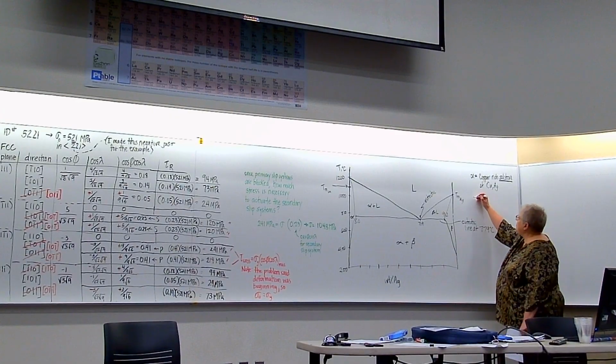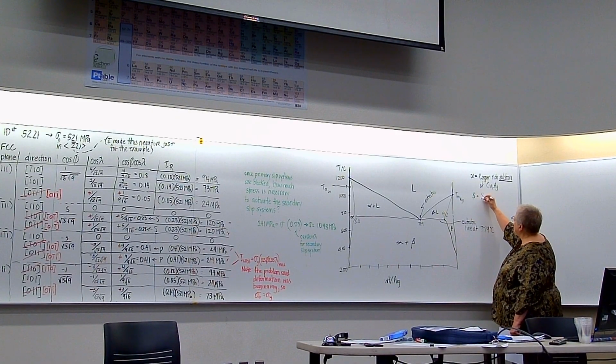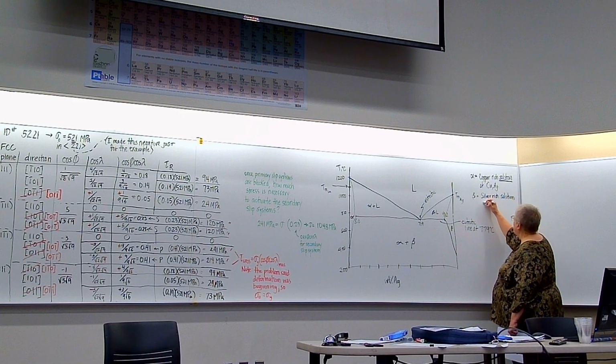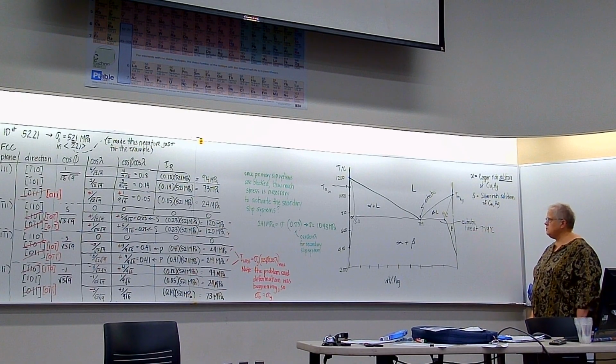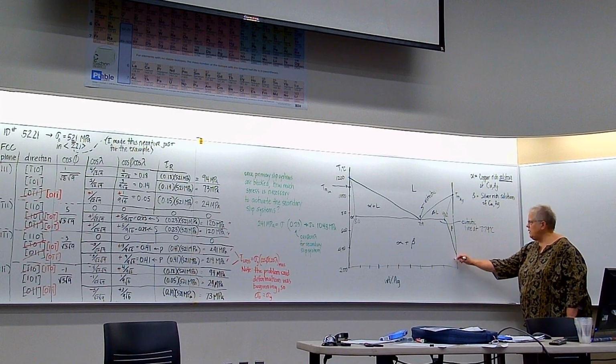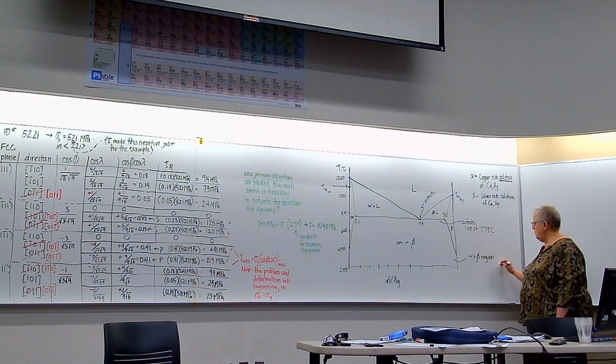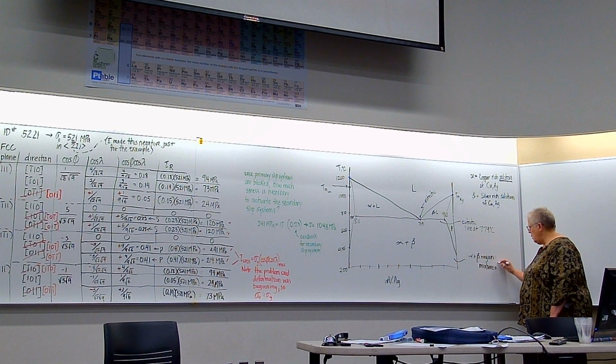And then beta is just silver rich. So the alpha plus beta region is a mixture of two solid phases, alpha and beta phases.